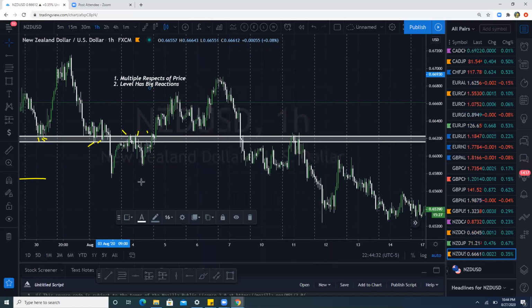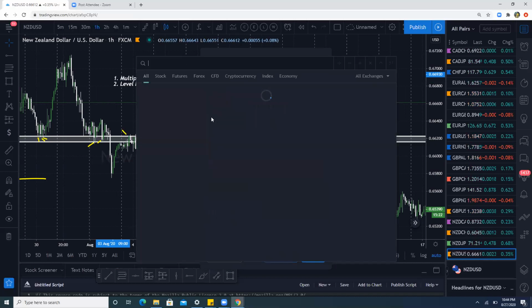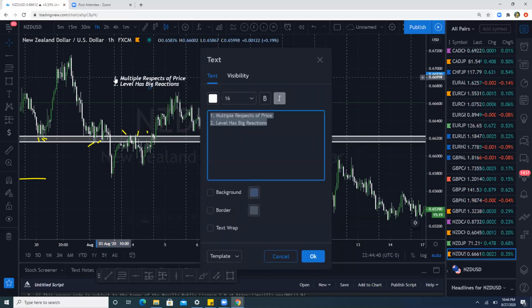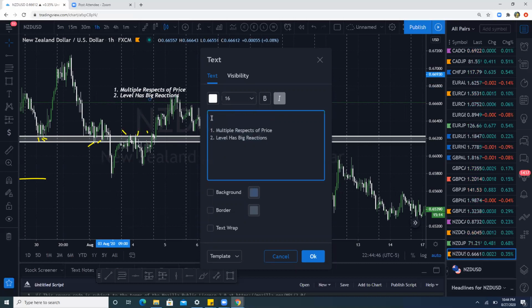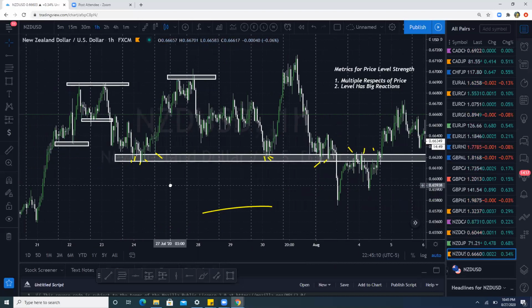So what is big reactions? To back up a little bit, I'm just going to name this metrics for determining the strength of a level. Price level strength. So the level has big reactions. So what's a big reaction?